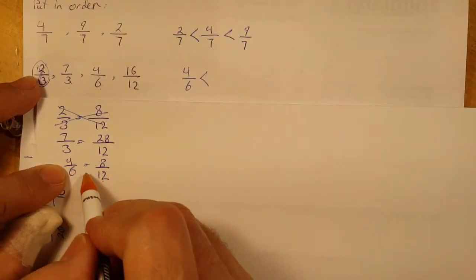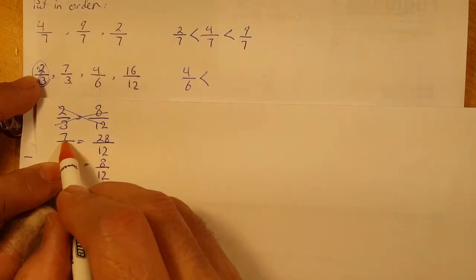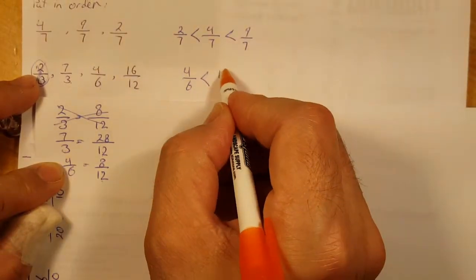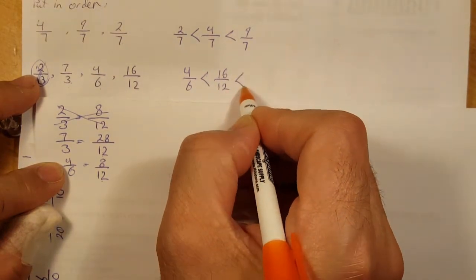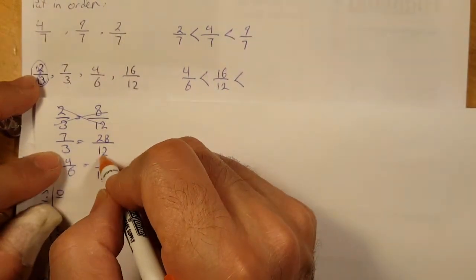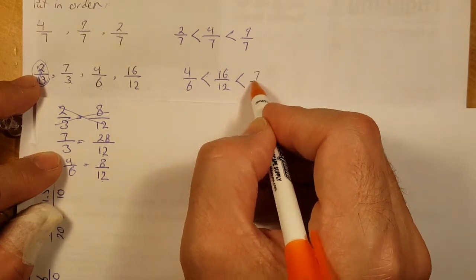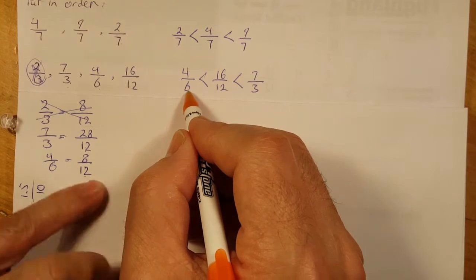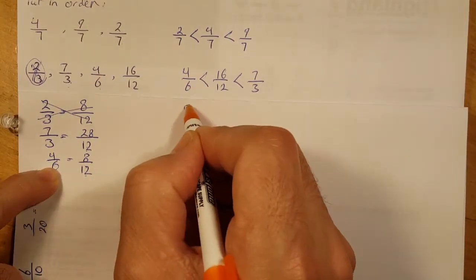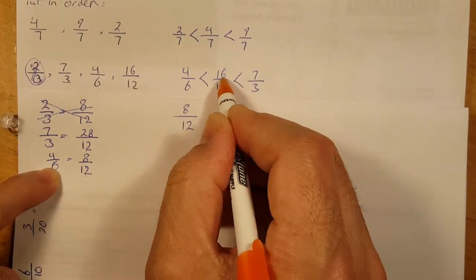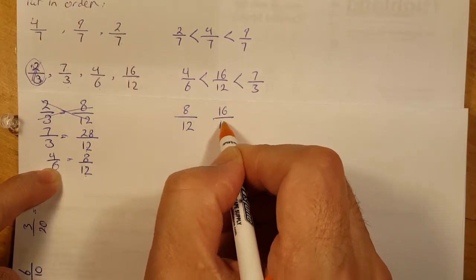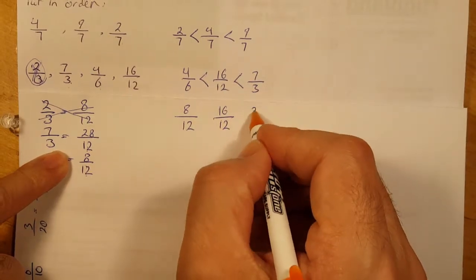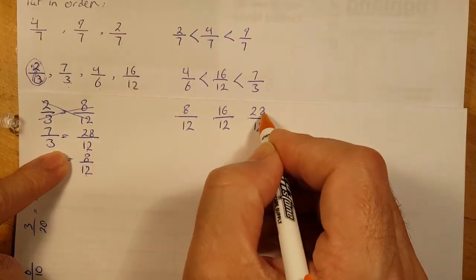The next one is 16 over 12. And then 28 over 12, which is 7 over 3. So 4 over 6 is 8 over 12, 16 over 12, and 7 over 3 is 28 over 12.